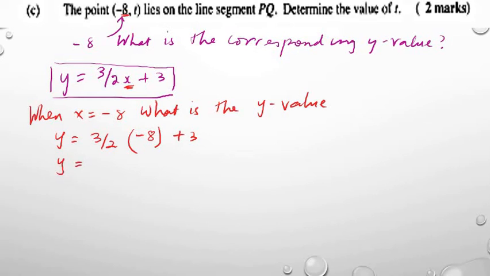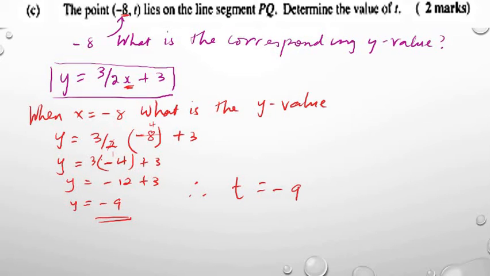So y is equal to 3 on 2, 1 by 2 is 2, 2 by -4 is -4, -4 by 3 will give me -12 plus 3. So y is equal to -12 plus 3. y is equal to -9. Therefore, the value of t is equal to -9.